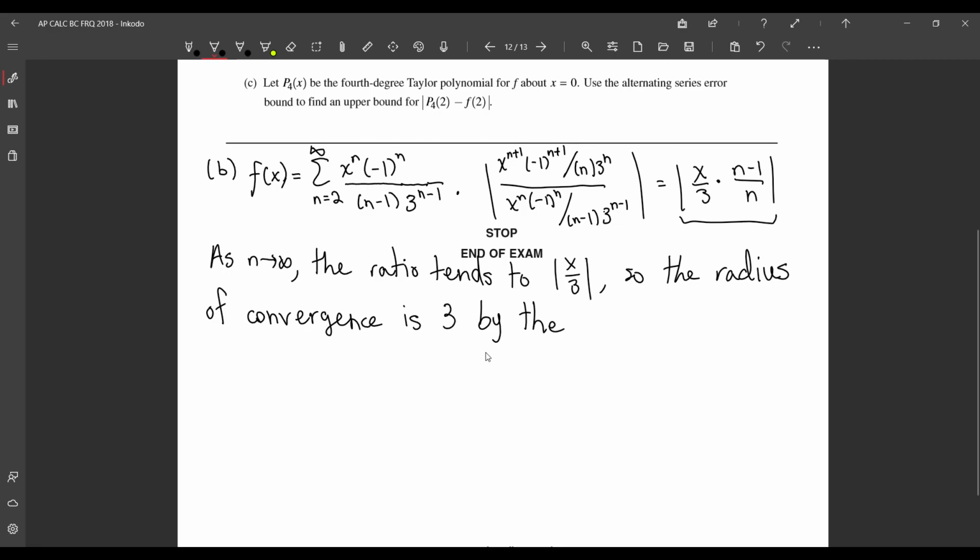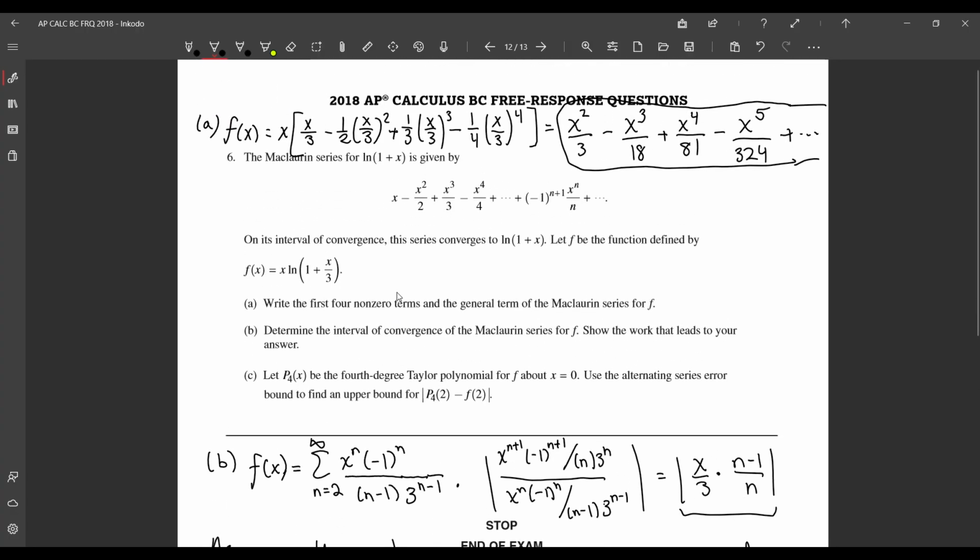The ratio test says for this series to converge, the limit of the ratio should be less than 1. So for this to be less than 1, that means x is between -3 and 3. Now we have to check endpoints.